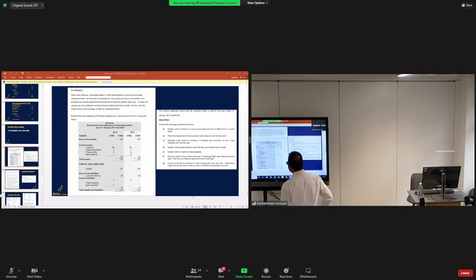And plus the 7,000 pound overdraft. So 167, 160. But the capital is only showing 127. It should be 160, so 160 minus 127 is 33.